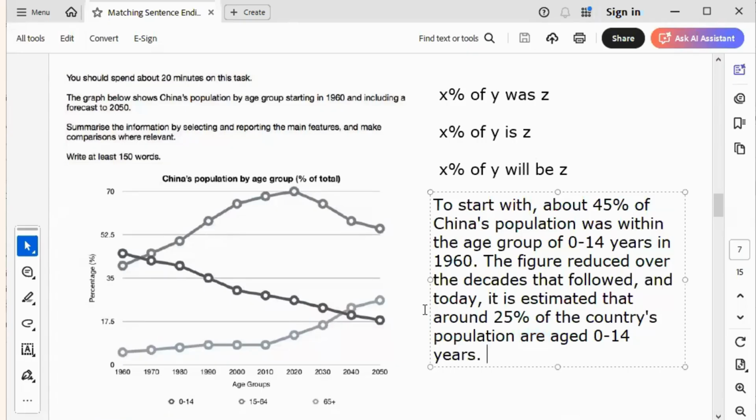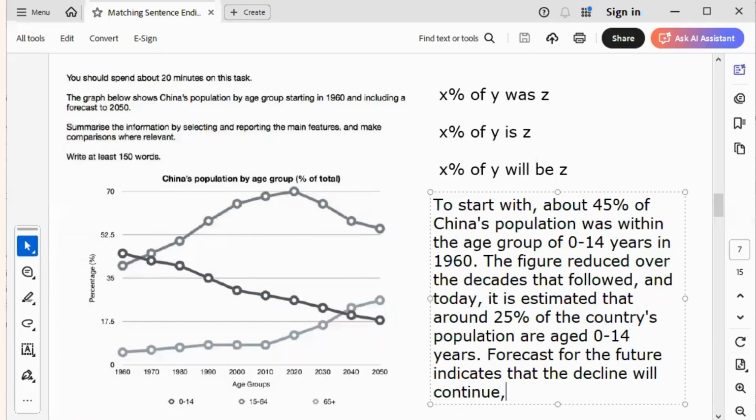Then, forecasts. Forecast for the future indicates that the decline will continue. And by 2050, 17.5% of China's population will be within this age group.